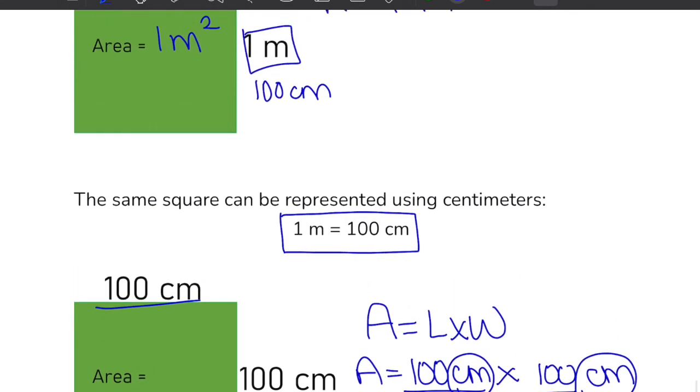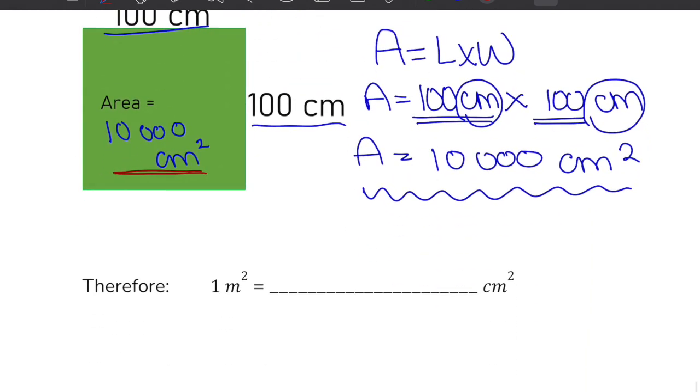Let's compare. It's the same space. So 1 meter squared is equal to 10,000 centimeters squared. Let's write that down. 1 meter squared is equal to 10,000 centimeters squared. Now, what we know from converting units of length is that 1 meter is equal to 100 centimeters.